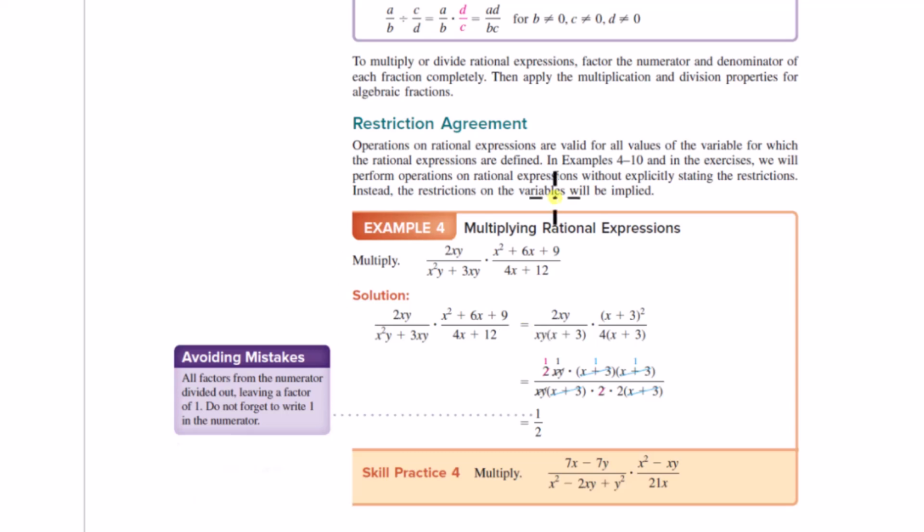But just because we've simplified, we still haven't gotten away from the nature of the model itself. The model says x can't be 0, y can't be 0, x can't be minus 3, or else you're dividing by 0.